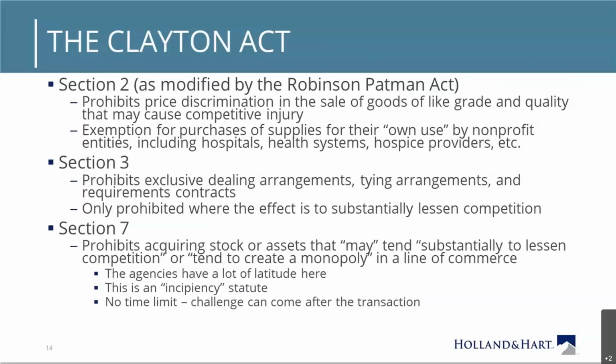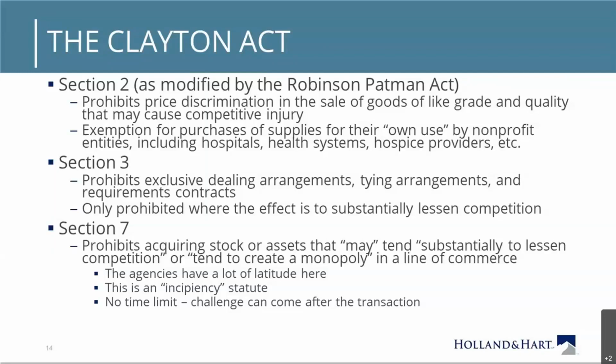Section 2, and you'll often hear this in conjunction with the Robinson-Patman Act, prohibits price discrimination in the sale of goods of like grade and quality that may cause competitive injury. In other words, I can't at my gas station sell gas to people I like for $2.50 a gallon and people I don't like for $2.80 a gallon. I need to charge the same prices to like people.